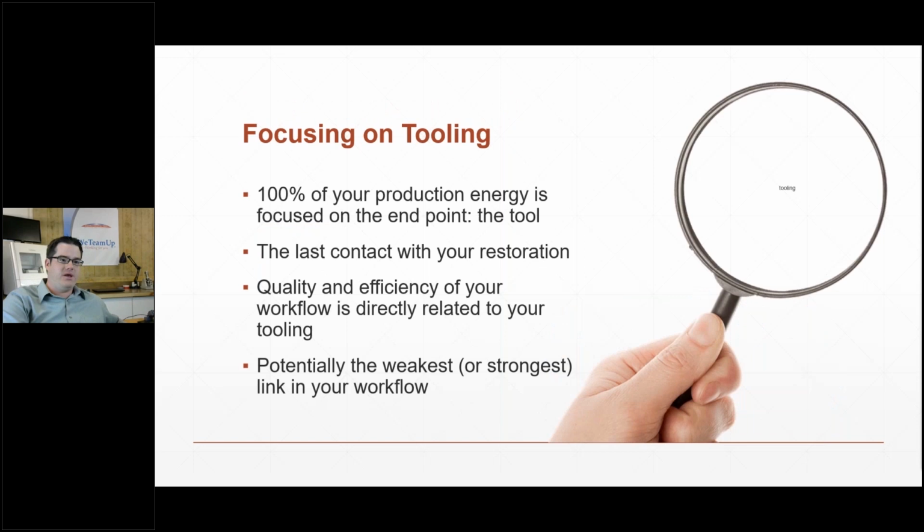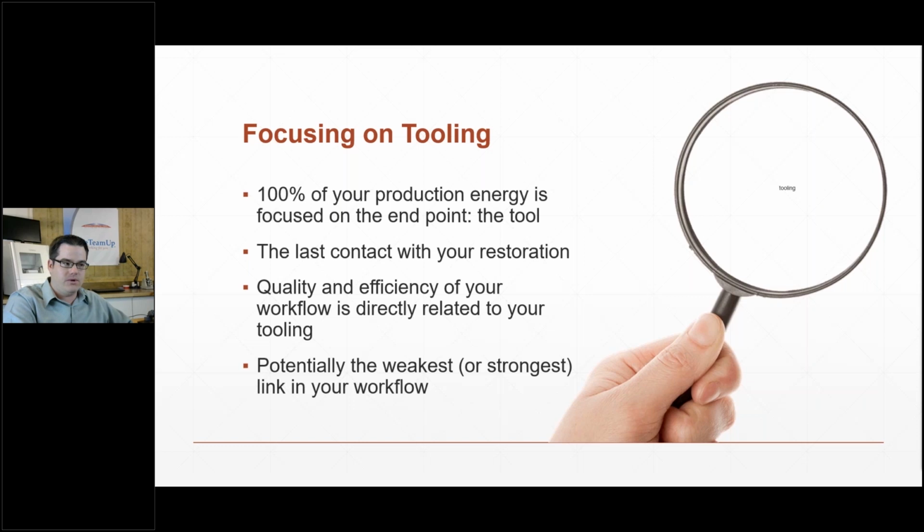So focusing in a little bit deeper on tooling, when we look at CAD/CAM and think about it like a chain, the tool is the end link to that chain. Everything's focused on it. So all the way from your initial scanning, designing, nesting, it all culminates at that tool.